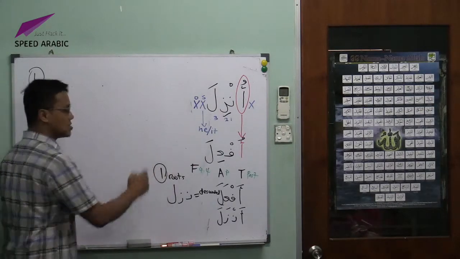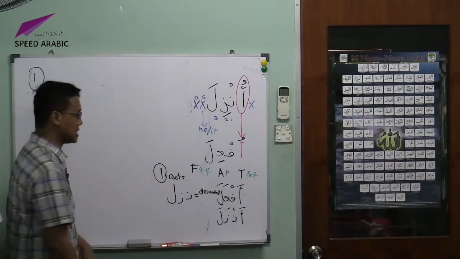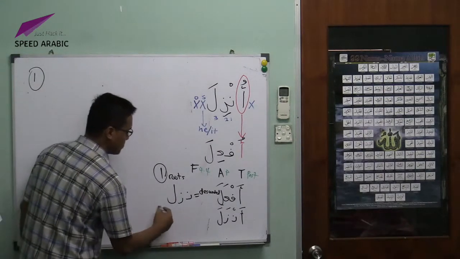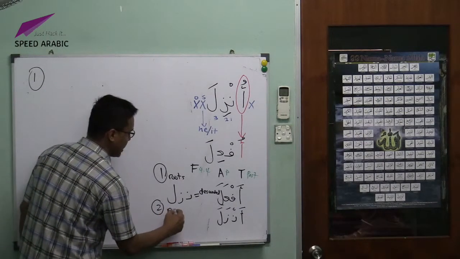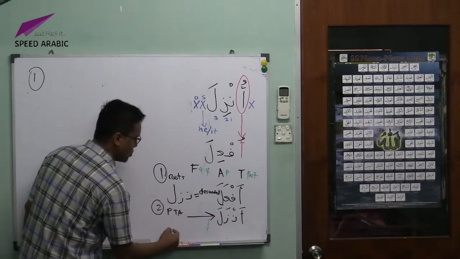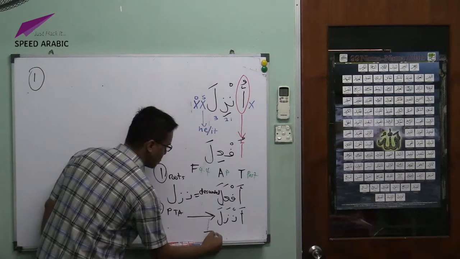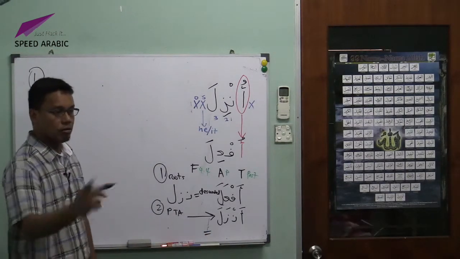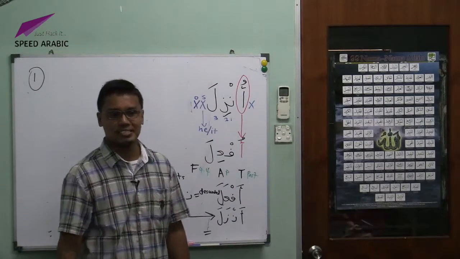Two steps when you look at the dictionary. First, you go to the roots, that means the actual entry, and then you read on until you find the PTA, which is anzala, which means to send down, or based on the dictionary, what does it say?